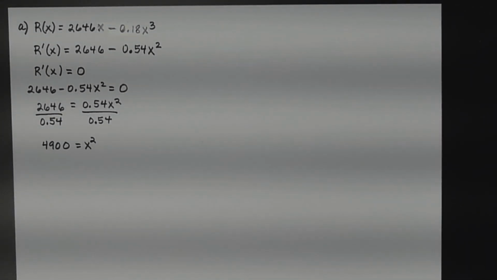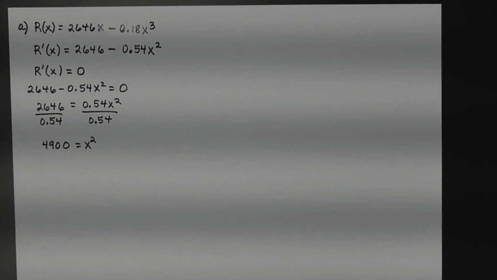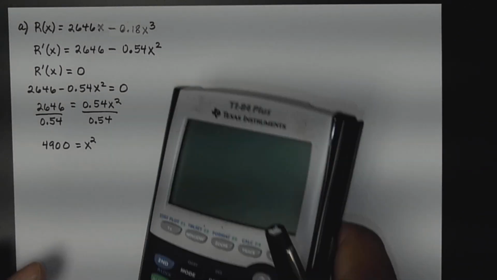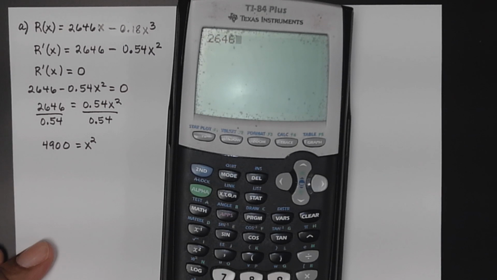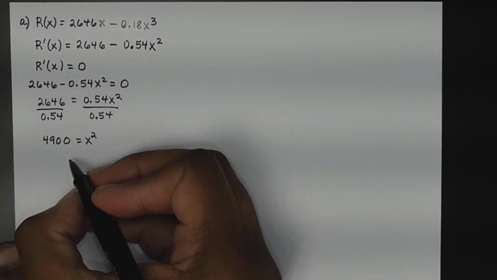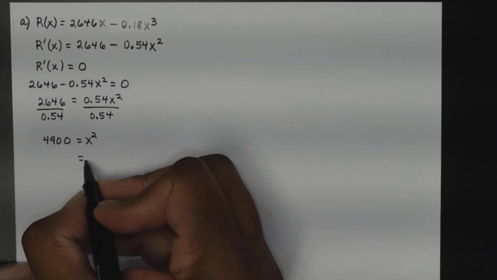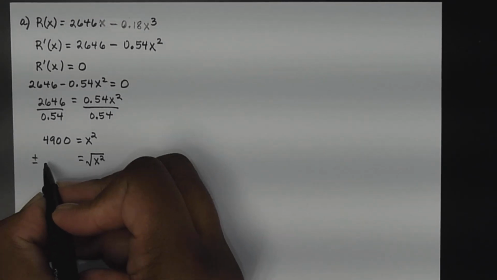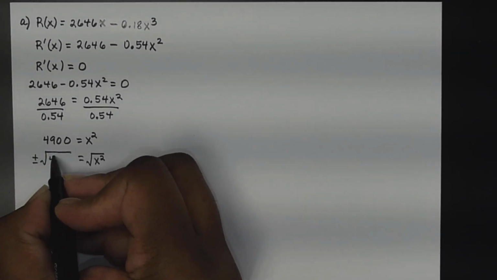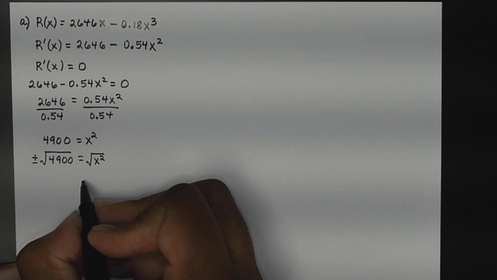actually 4,900. And of course, you can verify that by doing 2,646 divided by 0.54. You'll see it's 4,900. And then to solve for x, I'm squaring it, so I need the square root on both sides, and I do need to include the plus or minus symbol when I do that.